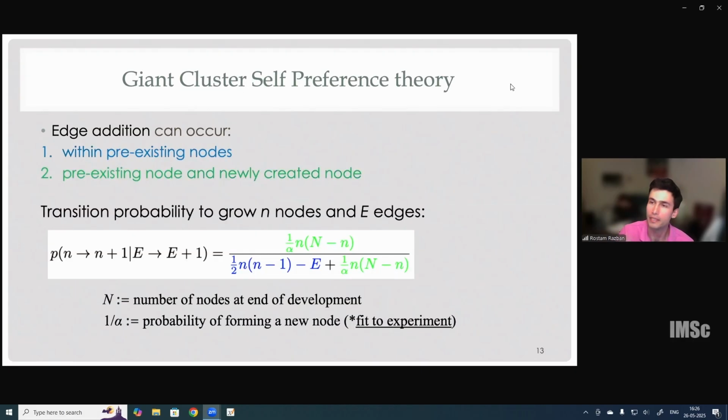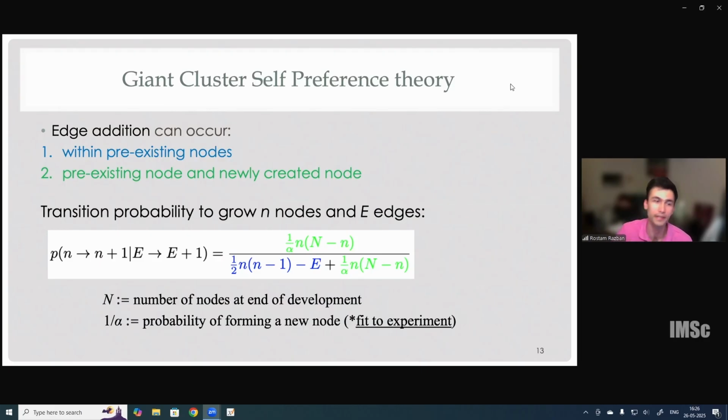So mathematically, we can then translate this hypothesis into a transition probability, which we can then solve as a differential equation. And the key to the transition probability is just limiting ourselves to these cases of 1 and 2.